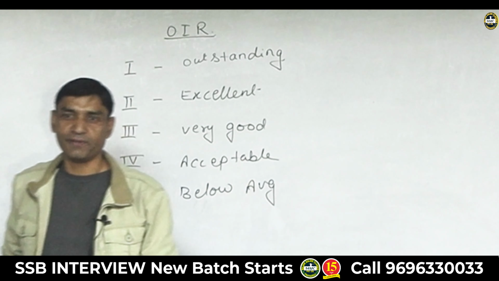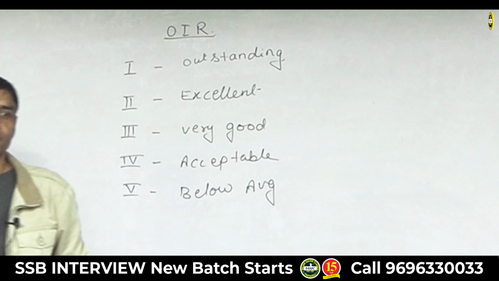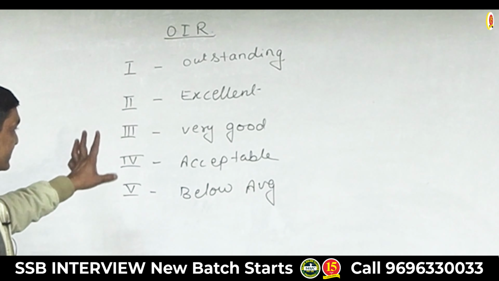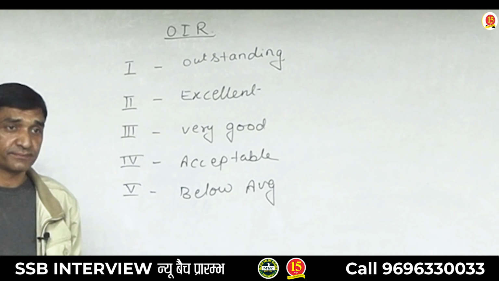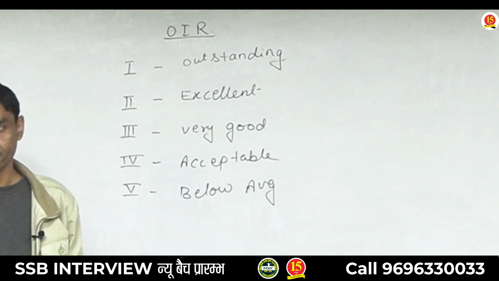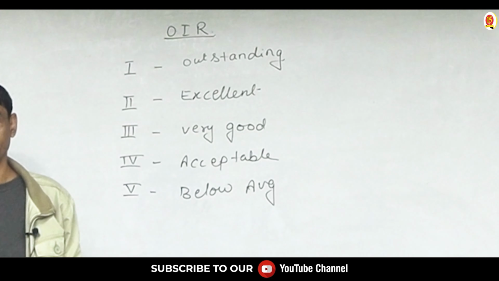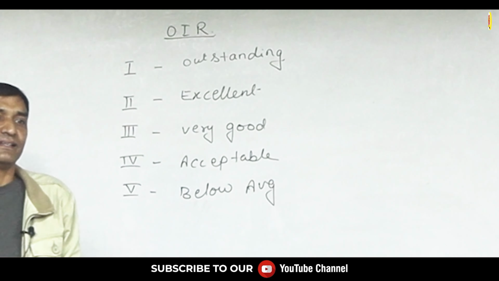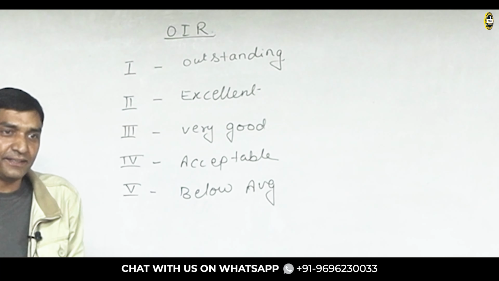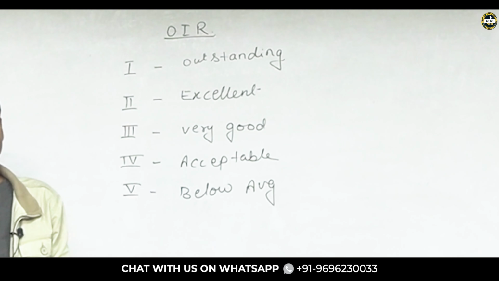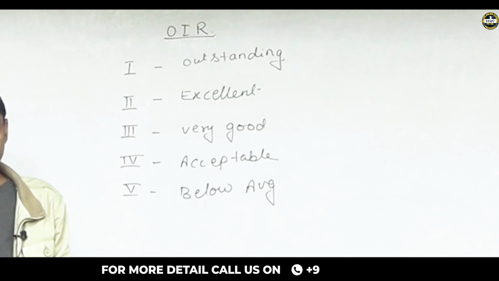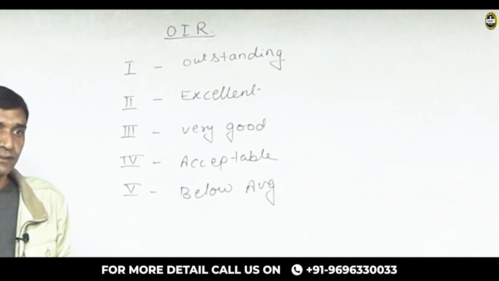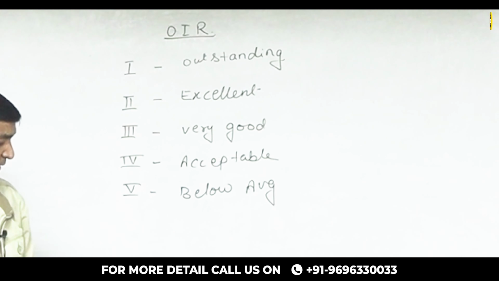Now here you can see one thing. I have not divided these gradings in percentage. Why? Because it is a system generated rating and there are two important things required for finding out your OIR. One is your mental age.